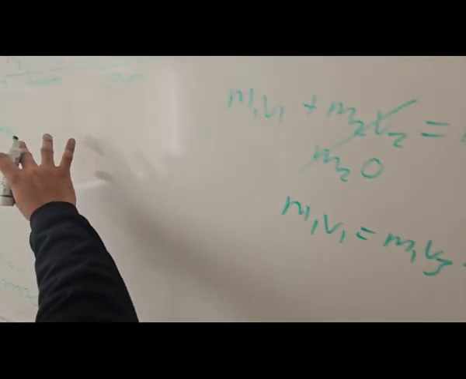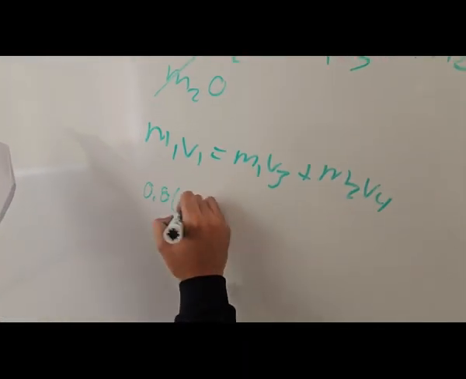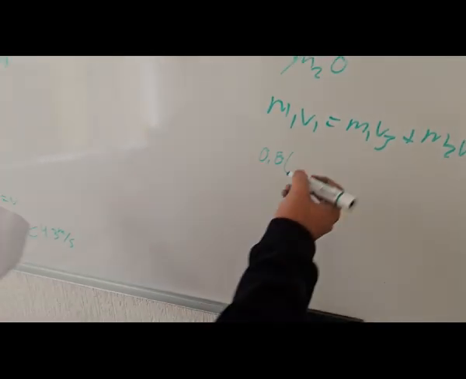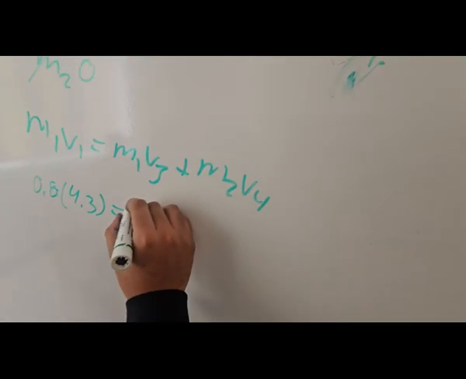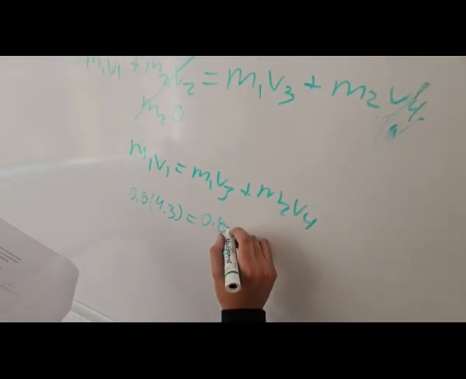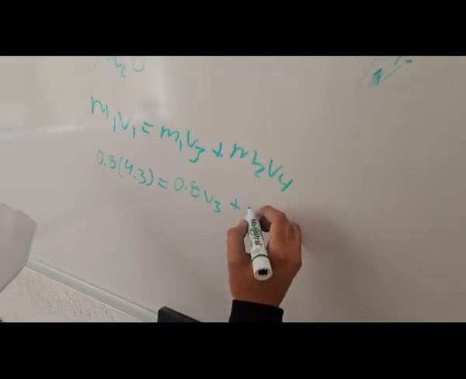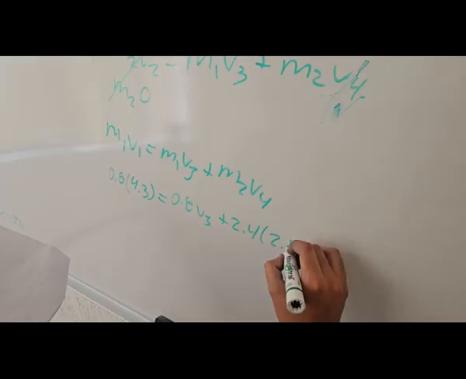So we have 0.8 times our previous velocity, 4.3, equals 0.8 v3 plus 0.4 times 2.16.